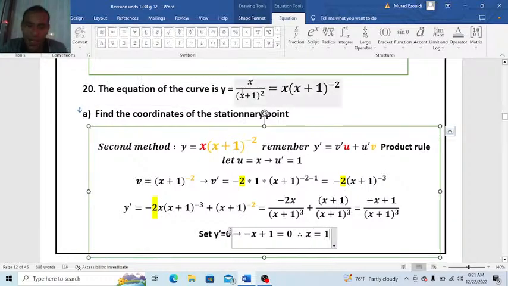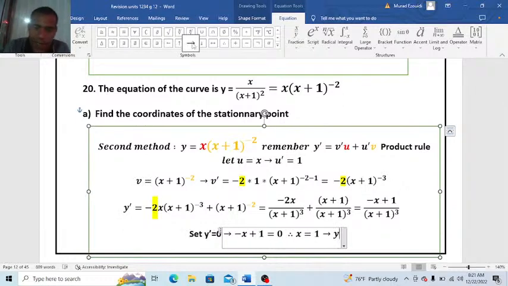At this point, you should find the value of y. Therefore, the value of y, learners, is just, you are going to substitute x equal 1 into your equation, which is 1 divided by 1 plus 1, which is 2, all squared. It will be 1 over 4.